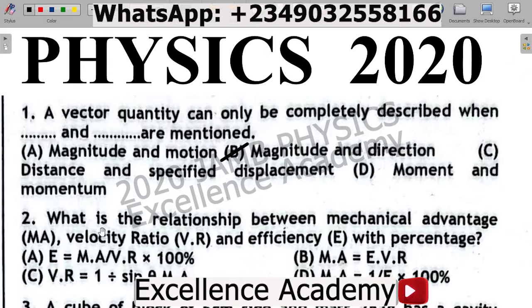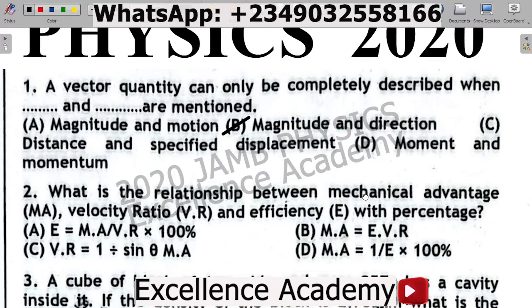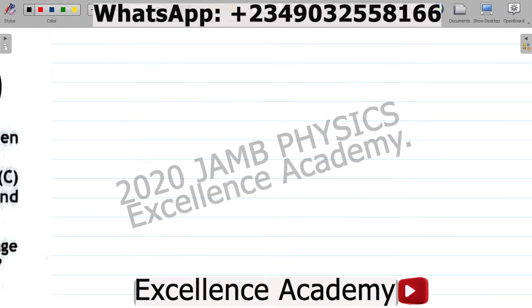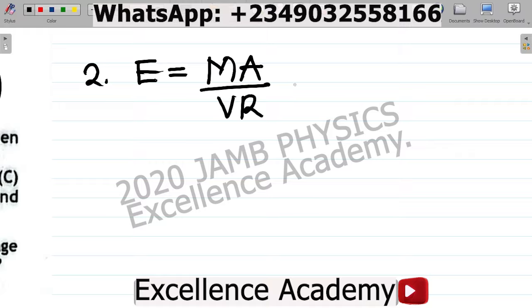Number 2 says, what is the relationship between mechanical advantage MA, velocity ratio VR, and efficiency E in percentage? Now we know from the concept of efficiency that efficiency E is equal to the ratio of mechanical advantage over velocity ratio, expressed as a percentage.